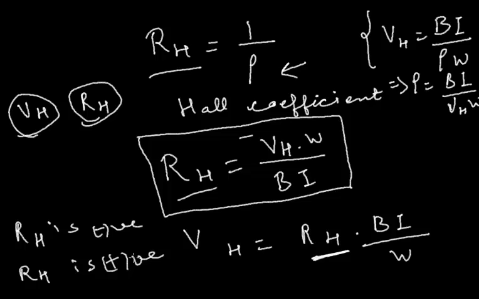We can also find out electron mobility, right? We have talked about that when we were talking about the importance of Hall effect. As we know, mobility is mu.